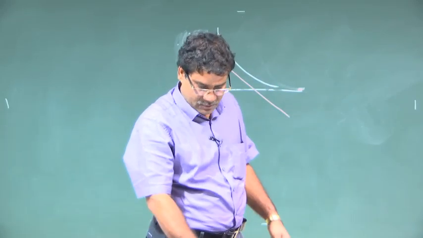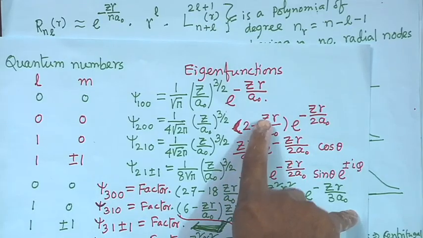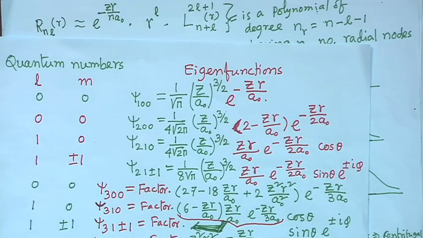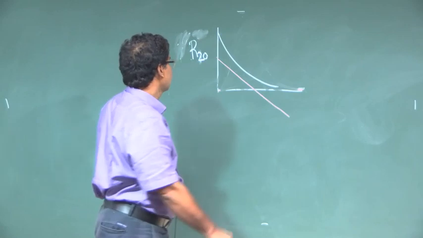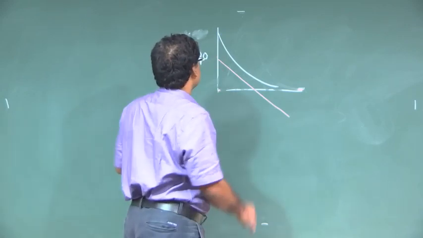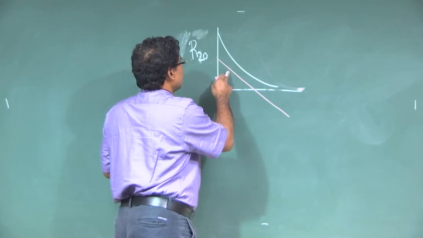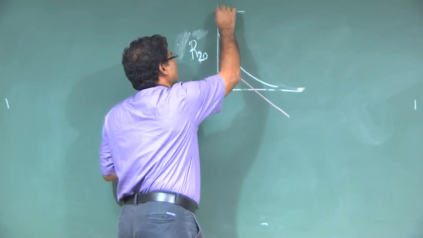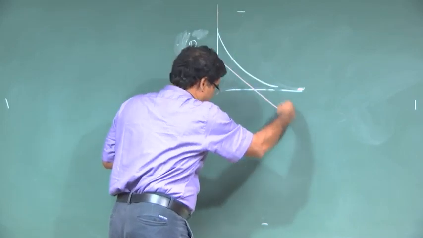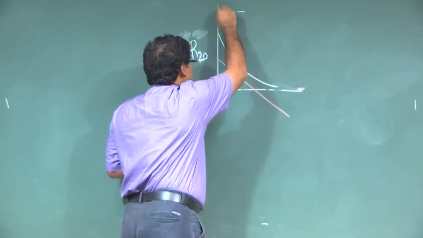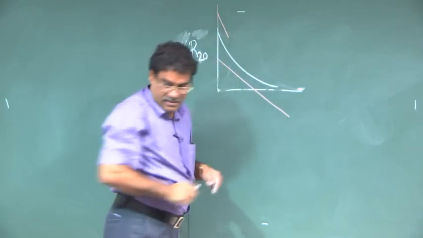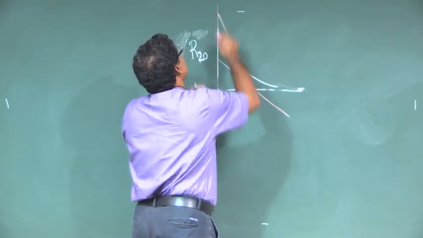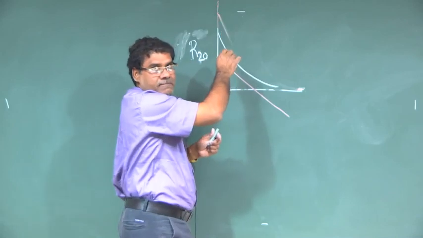Now, if you multiply these two, what will you get? It will have some higher value, and then it goes towards negative. If you add them, it will be like this, I guess.